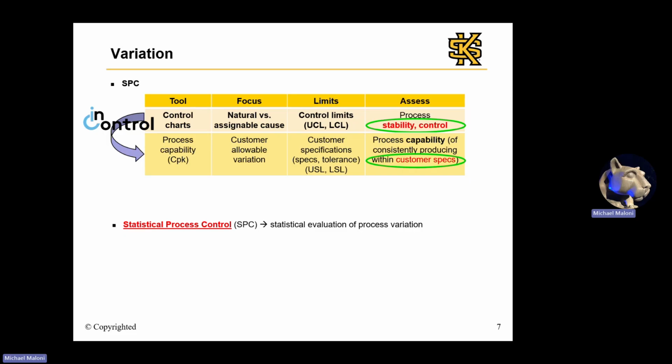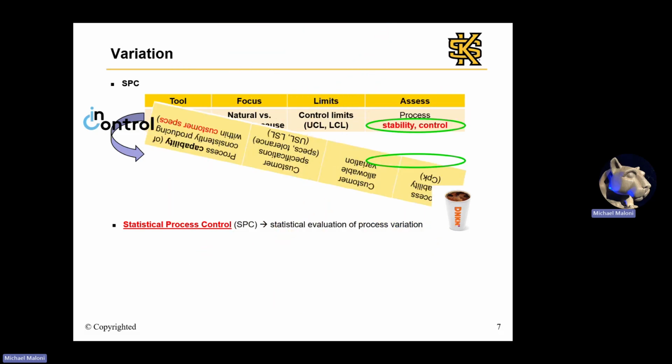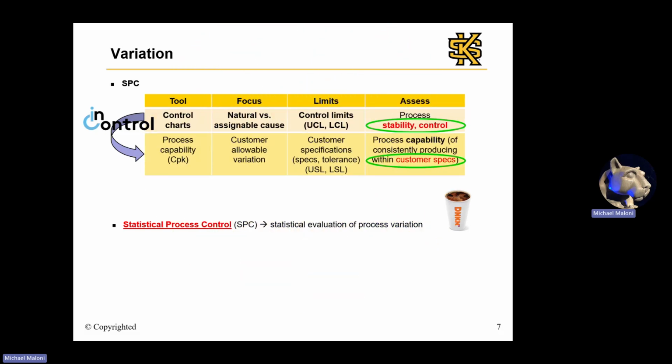And we saw this exact idea in the Six Sigma chapter with our coffee example. Remember that we wanted our coffee temperature to be between 130 degrees, the LSL, lower spec limit, and 160 degrees, the USL, the upper spec limit. Again, process capability, CPK, determines if the process can consistently produce within customer specs.